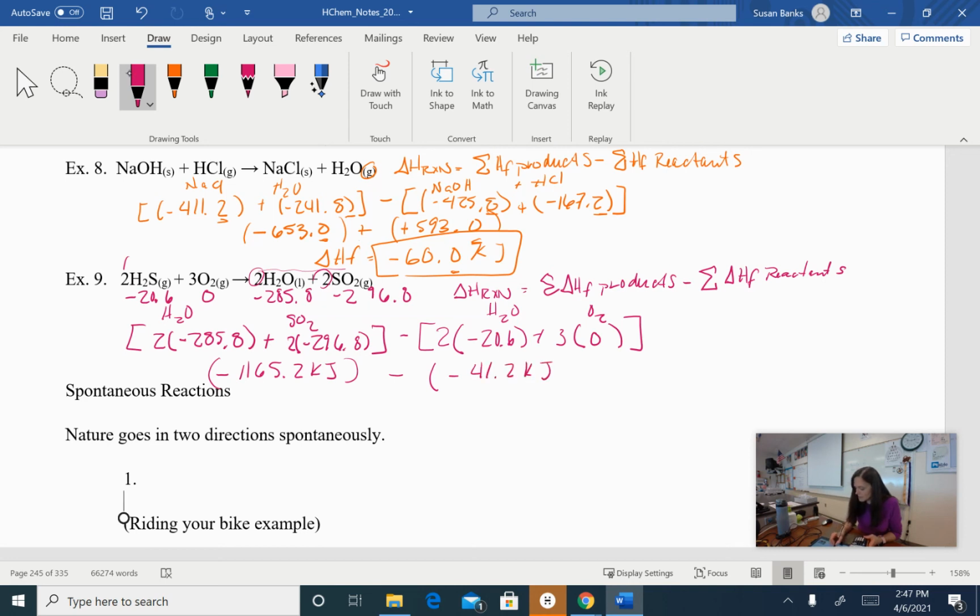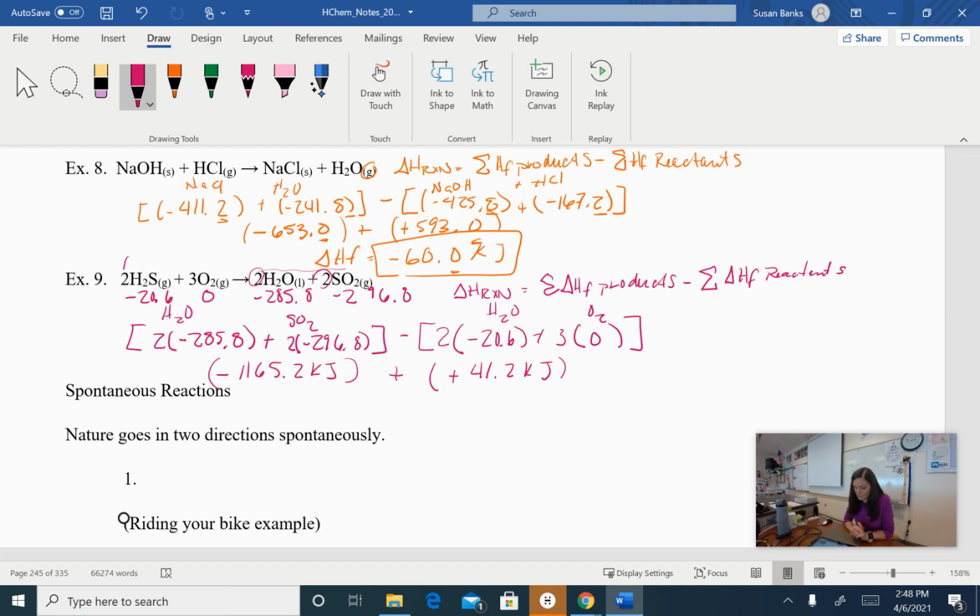Now a negative of a negative is a positive. So I'm going to take the negative 1165.2 and I'm going to add 41.2 to that.